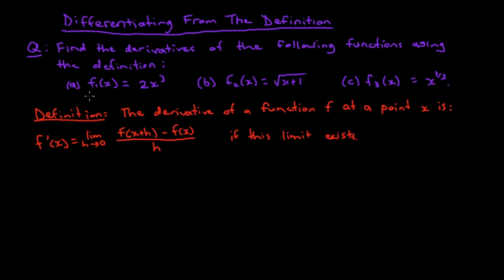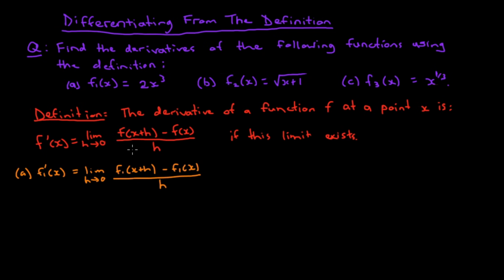So looking at part A, we have f1 of x equals 2x cubed. So its derivative is f1 dashed of x, which equals the limit as h approaches 0 of f1 of x plus h minus f1 of x all over h.